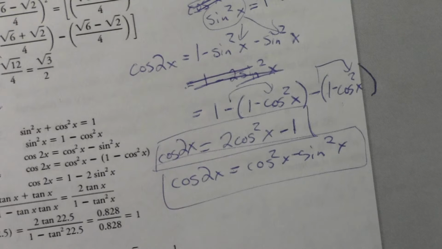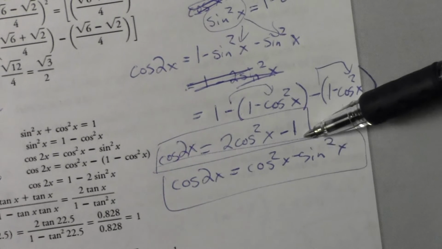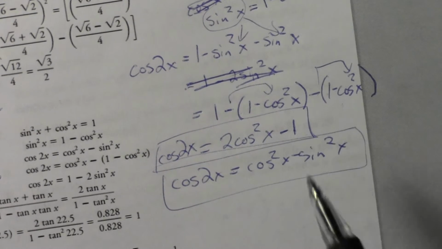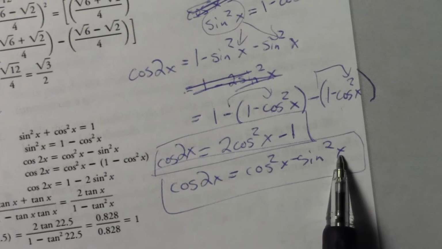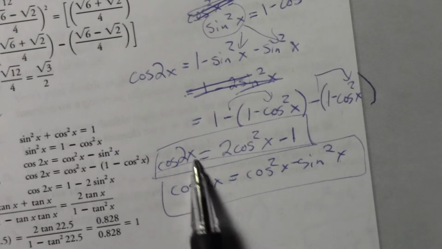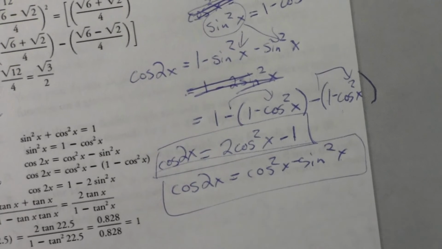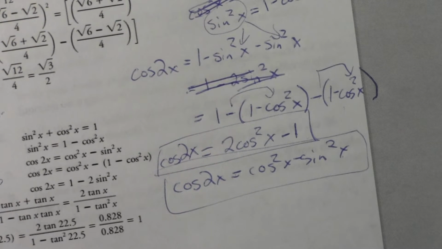Nobody? It's just to save time. If we're given the cos of the angle, we can solve it just using cos. Okay? Whereas we don't need to have sine. So we just made that substitution so you have two formulas for cos 2x. Okay?